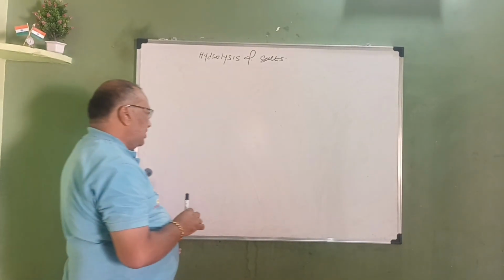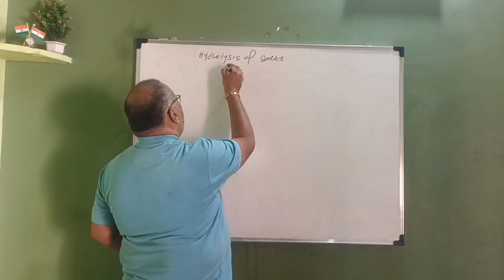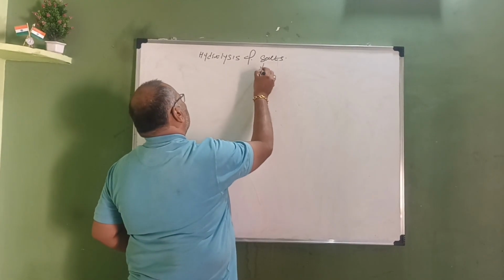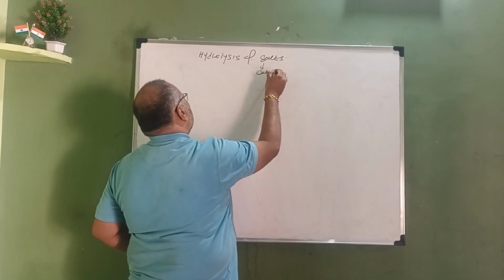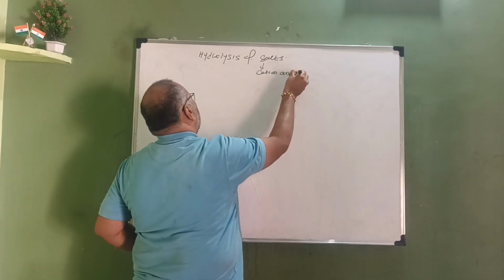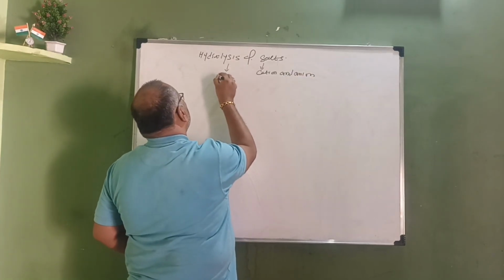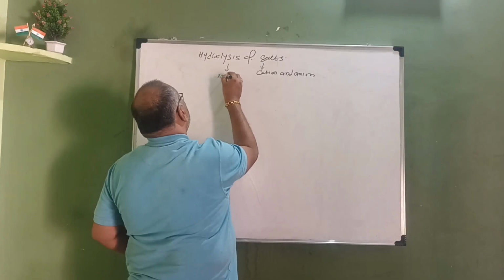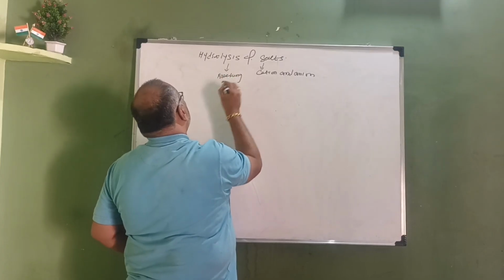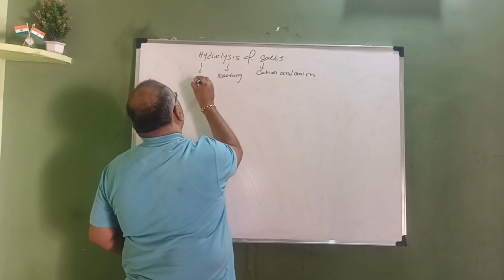Here I write down the definition of hydrolysis. Salt consists of cation and anion. Lysis means breaking or decomposition, and hydro means water.